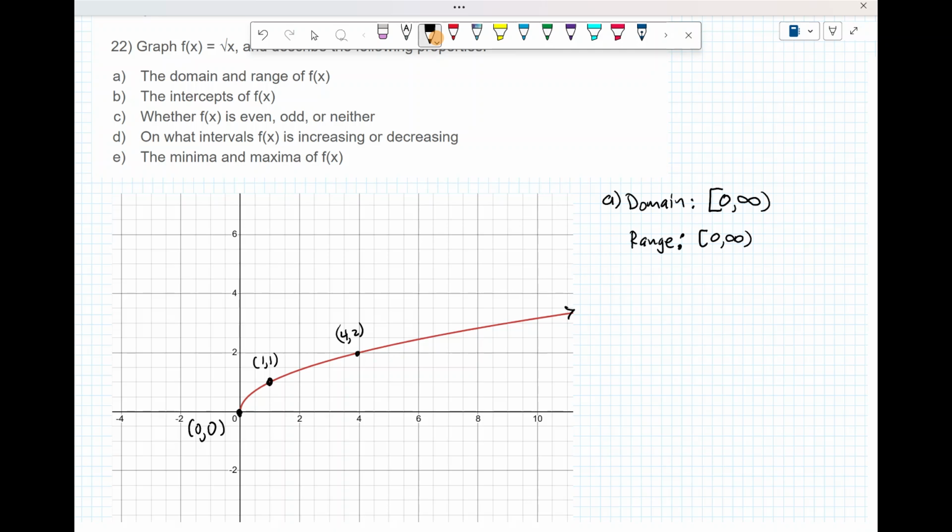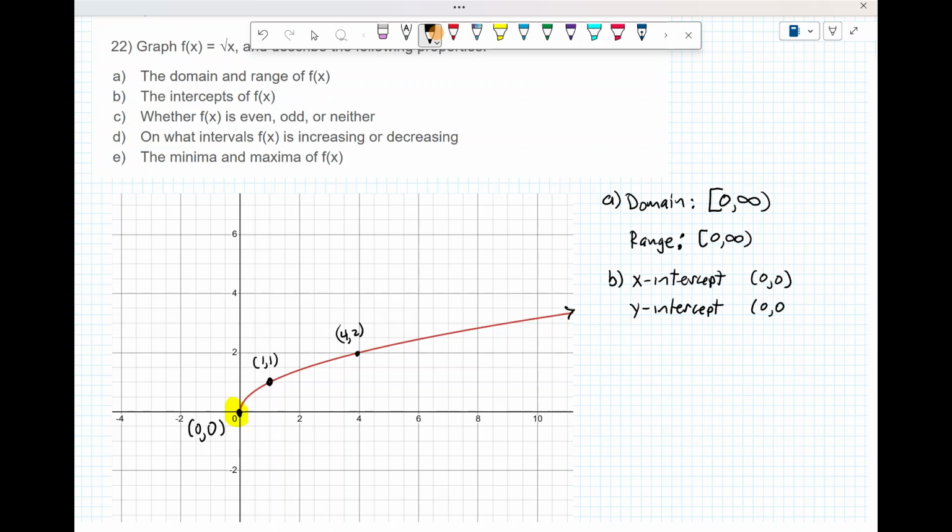What are the intercepts? Well, the only place that this graph touches either the x-axis or the y-axis is right here at that point. And at that point, it actually touches both. So my x-intercept is 0, 0, and my y-intercept is 0, 0.